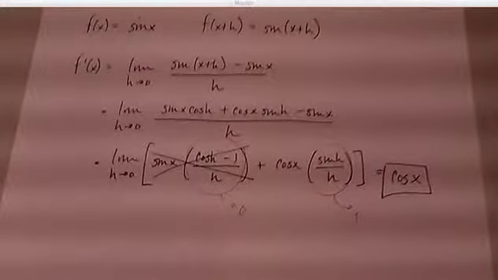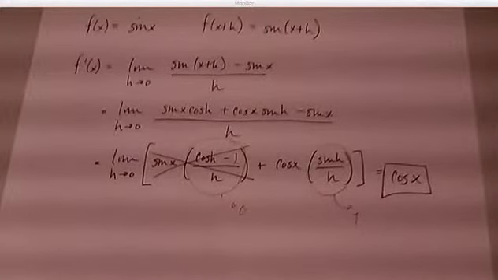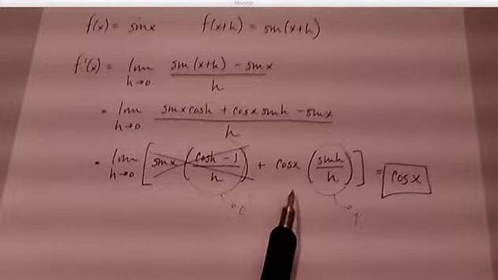In the next video, I think I'm going to do a couple more nasty examples, and then I'm going to introduce what's called the alternate definition of the derivative, which is pretty important for when we actually get to the AP exam, because when we get to the AP exam, you won't be asked to actually do this process.